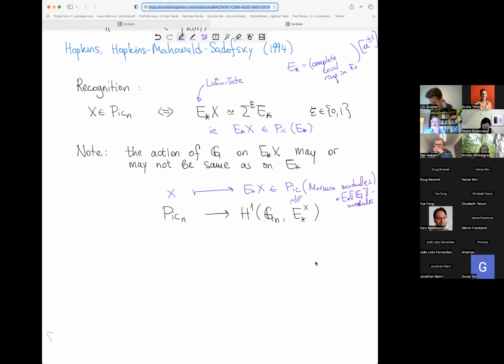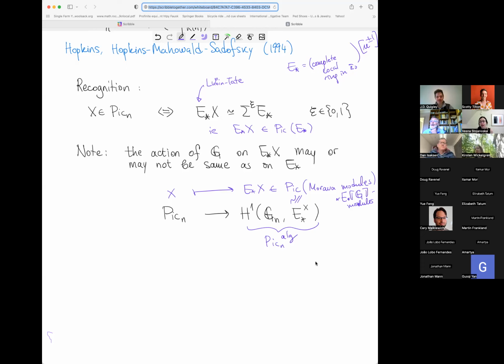So we have that map, and the target of this map is sometimes denoted by Pic_n^alg. Even though most of the time we have no clue what that might be, it's algebraic, so not our business.